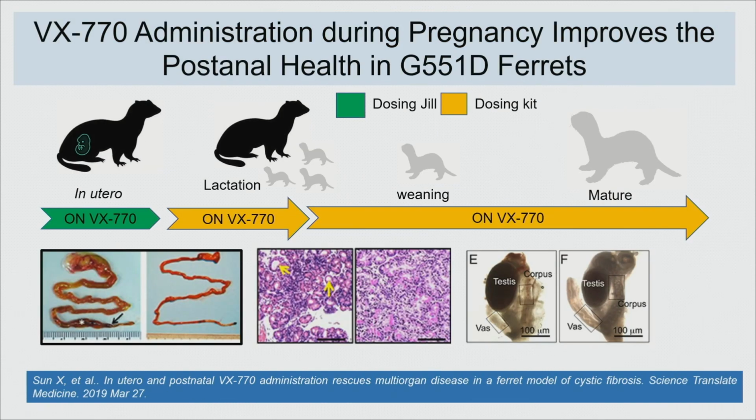When we examined organ effects after birth, we saw that giving the modulator during pregnancy had a beneficial effect. It rescued the developmental disease, including the intestinal disease meconium ileus, exocrine pancreatic insufficiency, and reproductive defects. So they can be rescued even by giving the CFTR modulator during pregnancy.